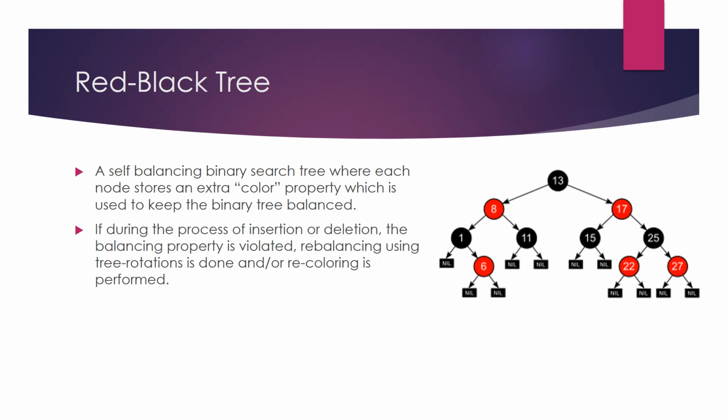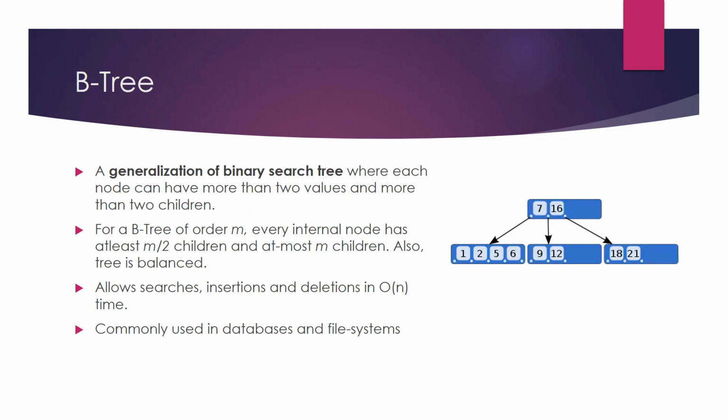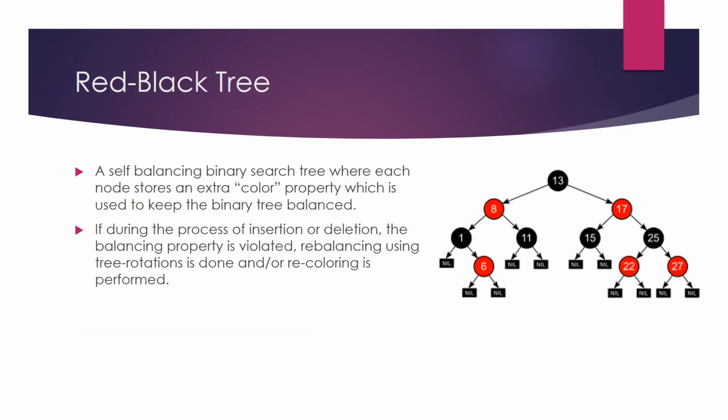In fact, in this tree, whenever the balancing property is violated, we can rebalance using tree rotations, and sometimes even recoloring might be needed. So we won't go into details of this, but it's good to know that such trees are present where searching, deletion and insertion are all in logarithmic time, even in the worst case.